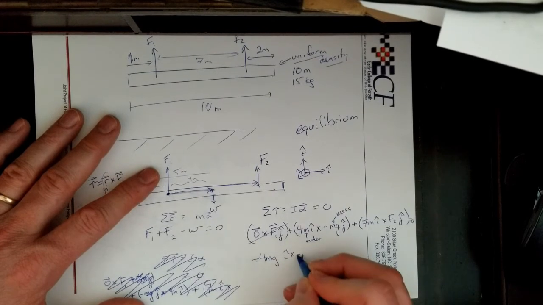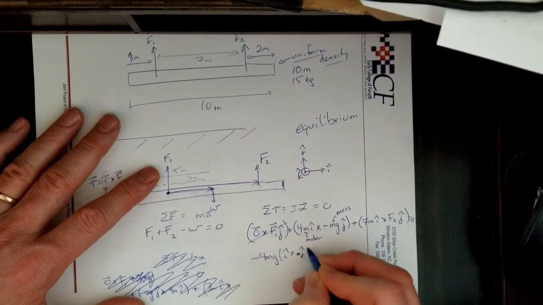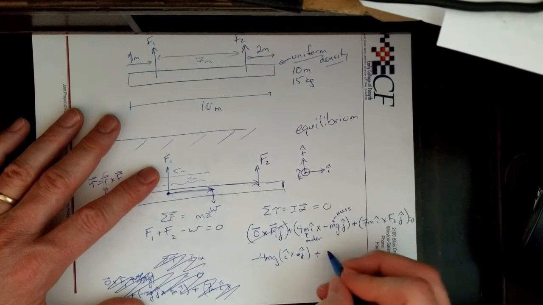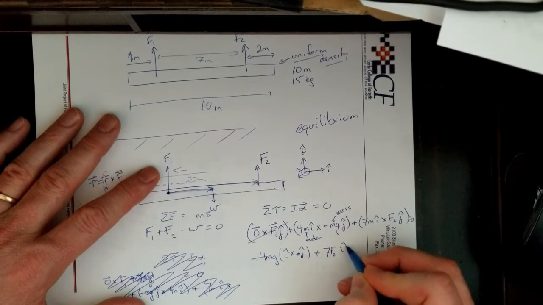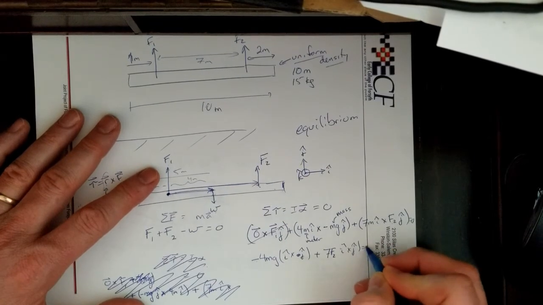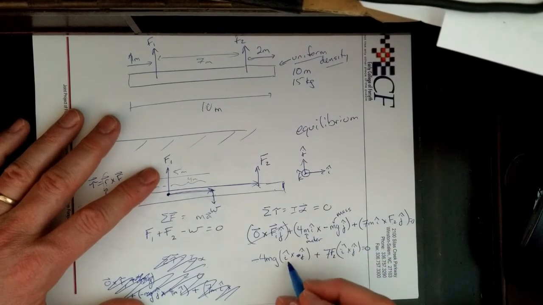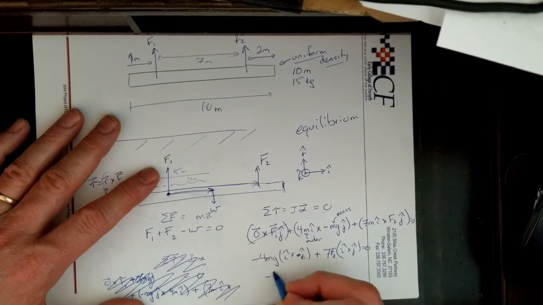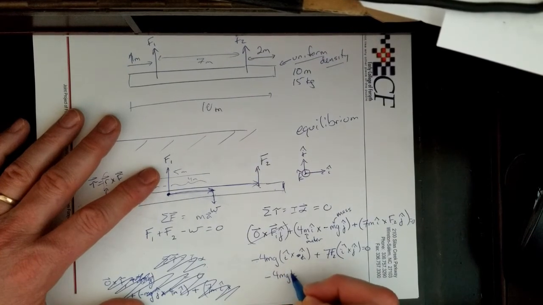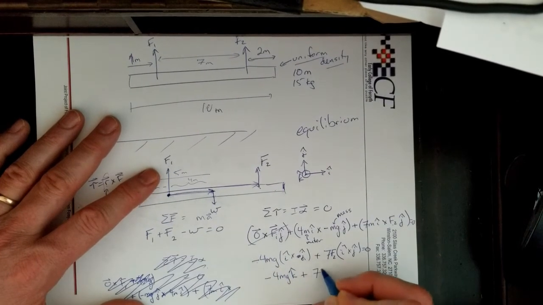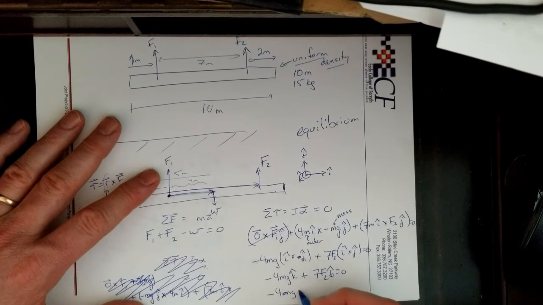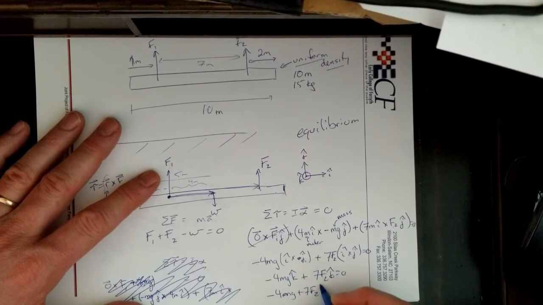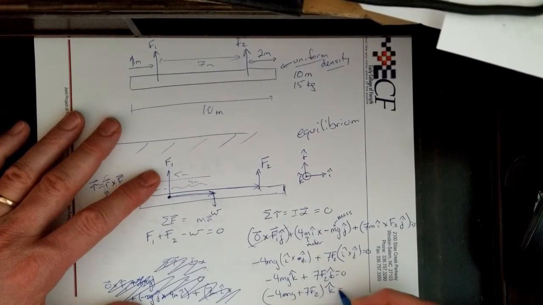Sorry, we have the negative sign there. I cross j. Plus this over here, which is 7 F2 I cross j equals 0. I cross j is k, so I got negative 4 mg k plus 7 F2 k equals 0. I have negative 4 mg plus 7 F2 times k hat equals 0.